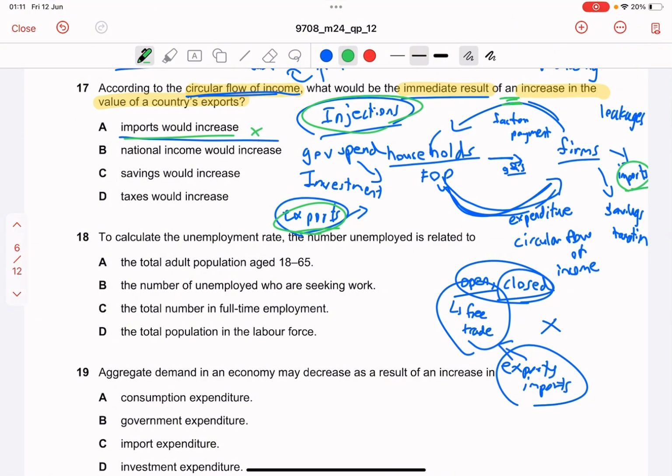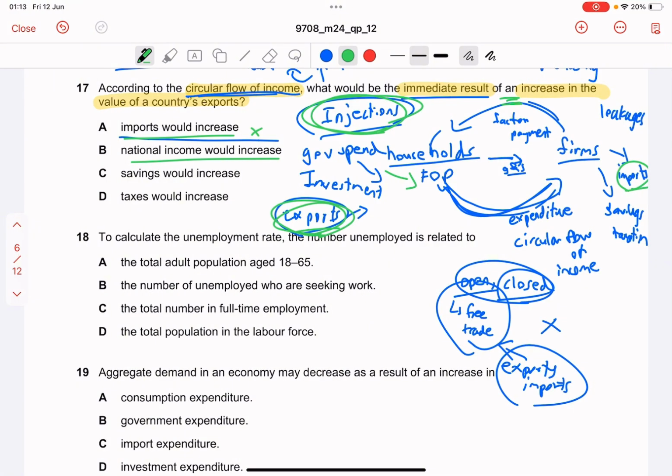So the second one says that national income would increase. Now what is national income? It typically means the sum of the total incomes in the country or in the economy. And that makes sense because if you increase your exports, it would increase your injections.